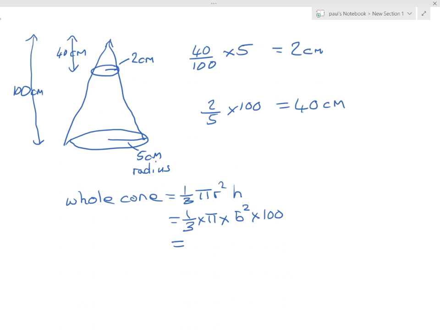And let's find out what that is. 1 divided by 3 times pi times 25 times 100 comes out as 2617.99 centimeters cubed.